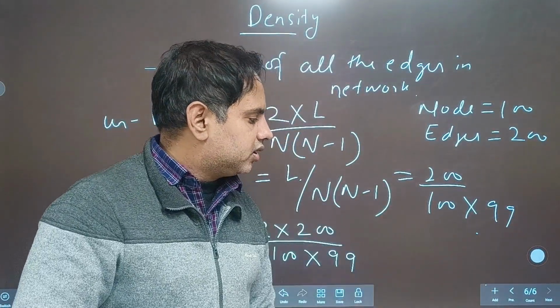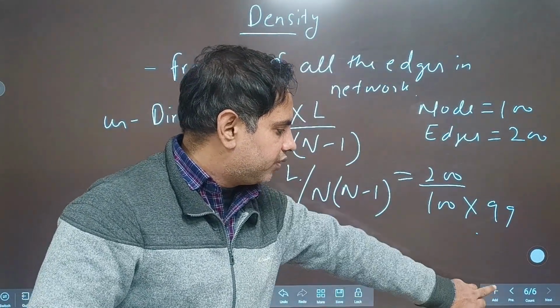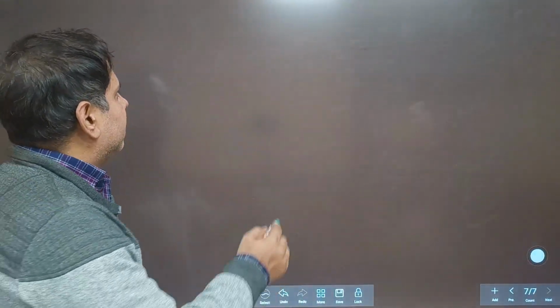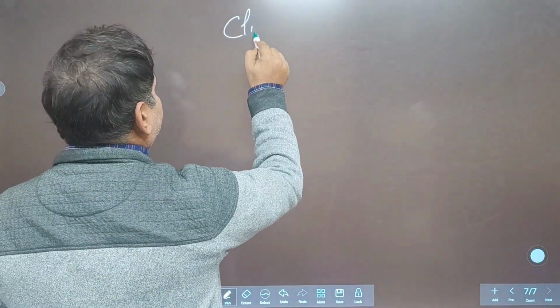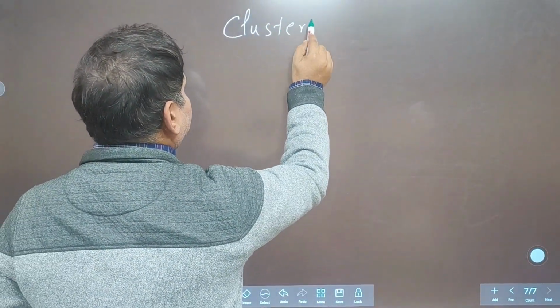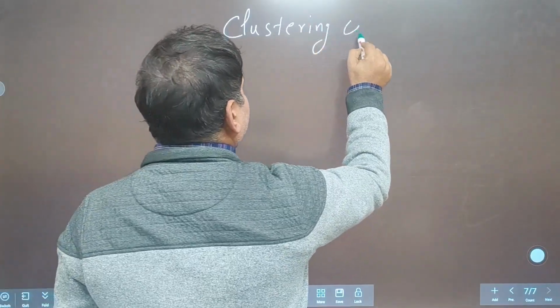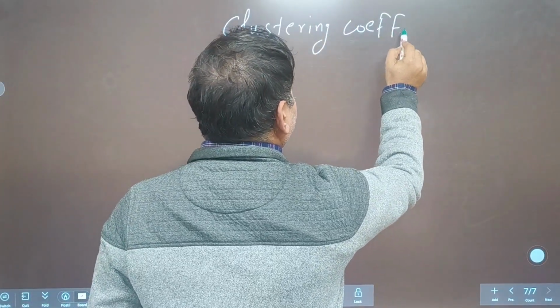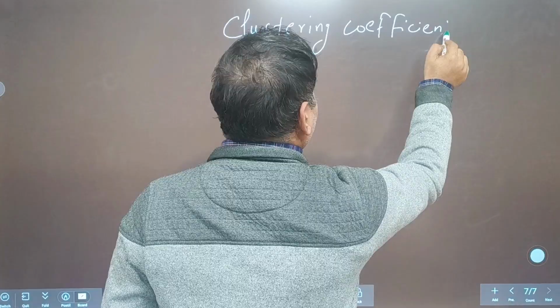Another parameter with respect to networks, besides density, is the clustering coefficient. What is the clustering coefficient?